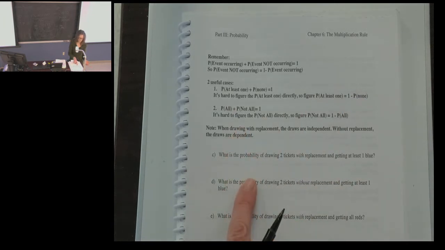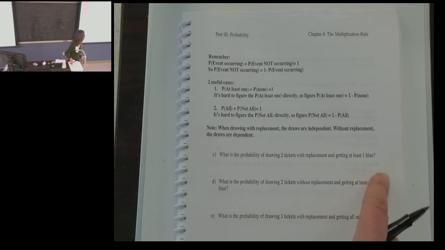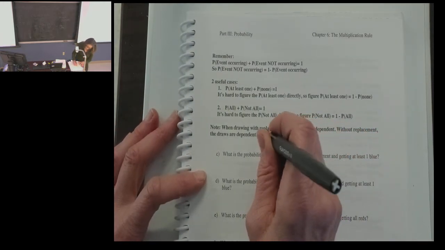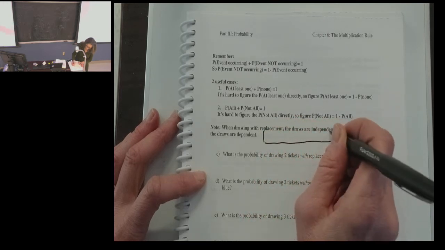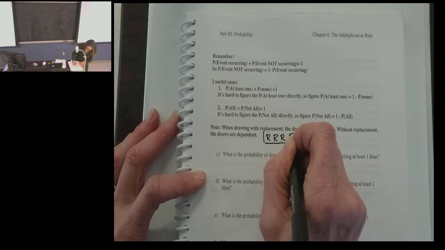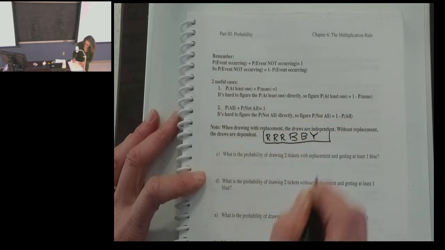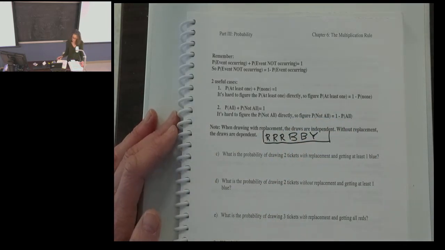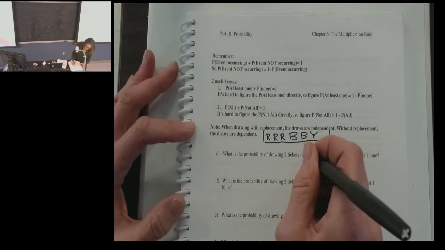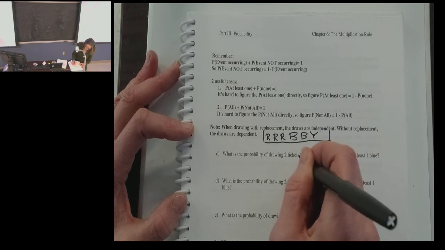Same with this example. So let's look at this. When drawing 2 tickets with replacement, okay, it's the same example. Here's your box. There's 3 reds, 2 blues, and a yellow. So it says, first of all, with replacement, so they're independent, all right?